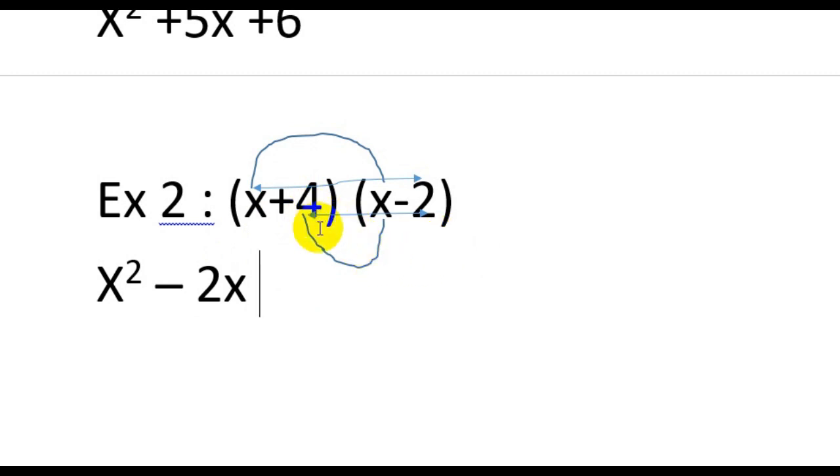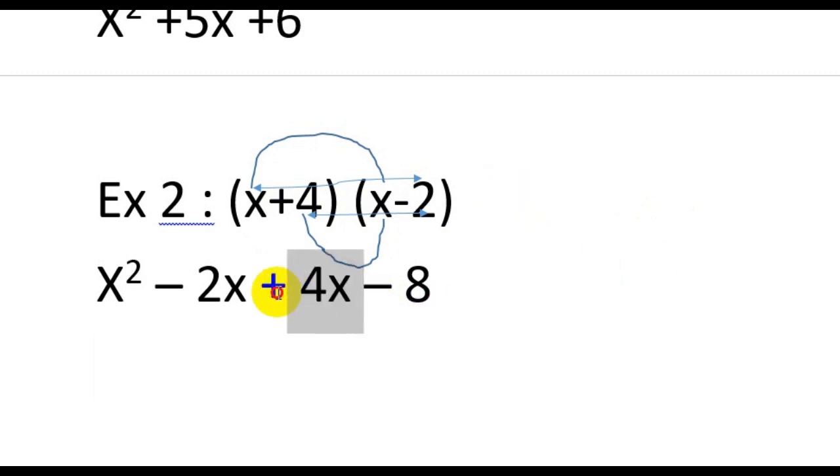Now we are going to multiply 4 with each of the terms of x minus 2. So 4 multiplied by x, the 4 carries the operator plus, x carries the operator plus, plus into plus is plus. 4 multiplied by x is 4x. Then the last term is plus 4 times minus 2, plus multiplied by minus is minus. 4 multiplied by 2 is 8.